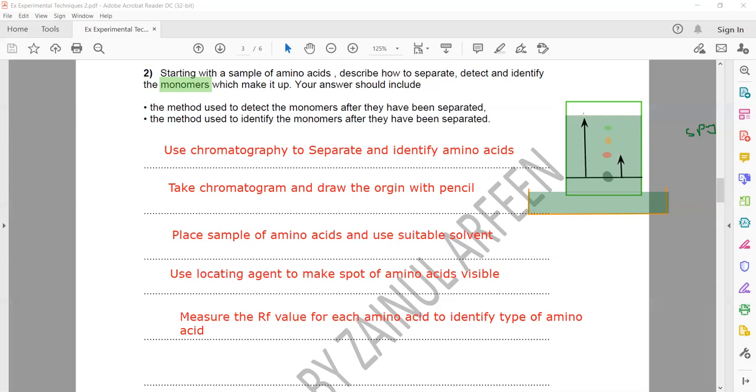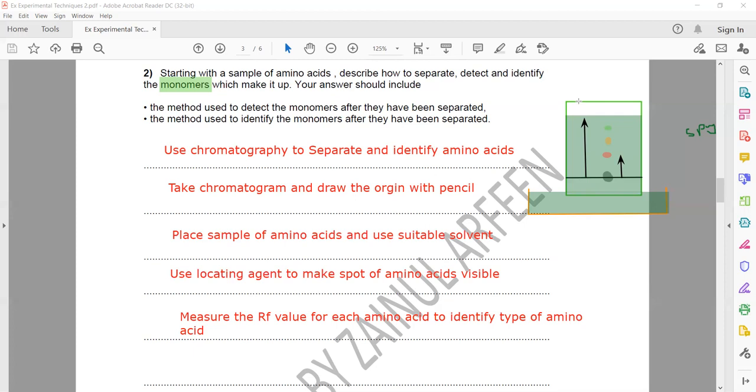So in planning an experiment, you just have to mention, yeah, there are no values which you have to state here. You just have to explain the idea of how you can detect the amino acid and how you can identify it. So how can we detect how many amino acids are there? Using chromatography, we can separate them and we can also identify. So first we draw the origin with pencil, place a drop of the mixture of amino acids, and then use a suitable solvent.